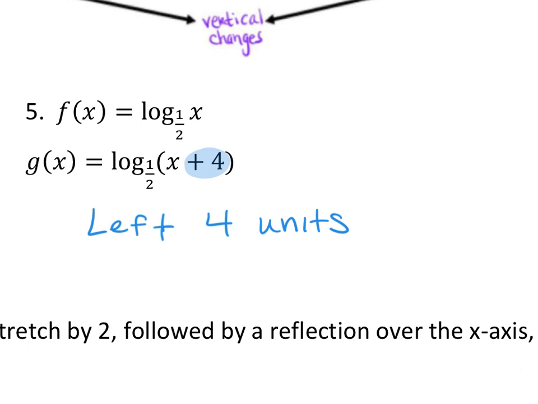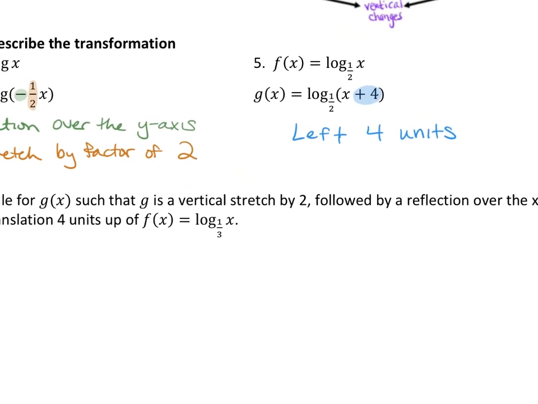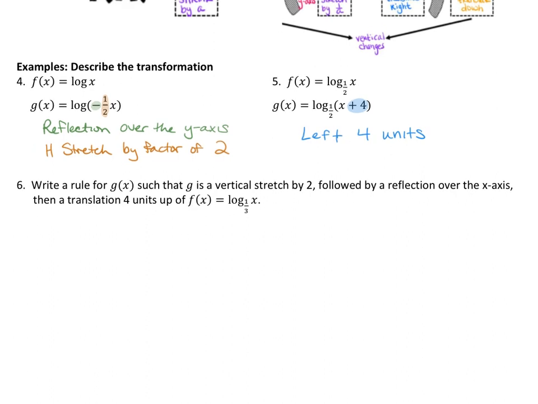Again, the kinds of questions you'll be asked to do are describing the transformations as well as writing a rule. So we're going to do the same thing like we did on the front. We're going to write an equation for g of x so that it is a vertical stretch by 2 followed by a reflection over the x-axis and then a translation 4 units up of f of x equal to log base 1/3 of x.